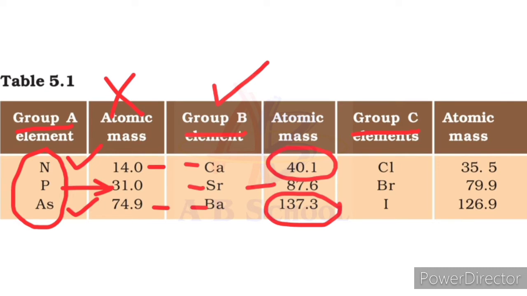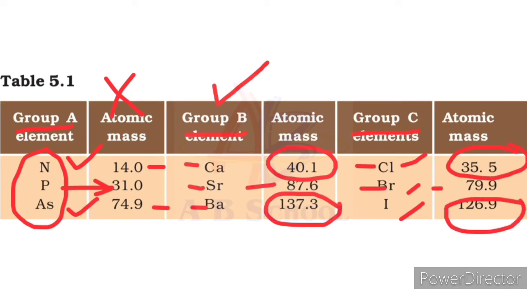Let us talk about group C. In group C, we are given three elements: chlorine, bromine and iodine. If this is a Döbereiner triad, then the average atomic mass of chlorine and iodine would be near to the mass of bromine, that is 79.9.